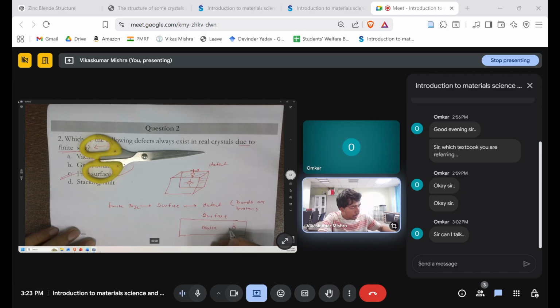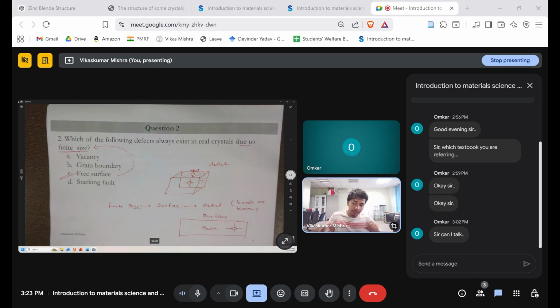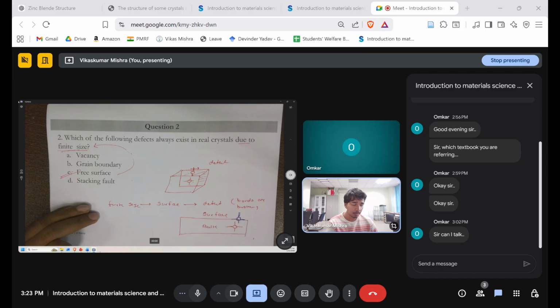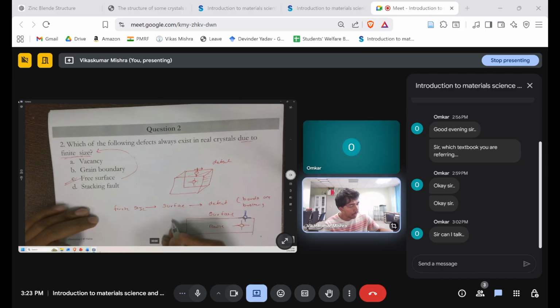In the bulk, let's say each atom makes 4 bonds: top, bottom, left, and right. Now the atom at the surface is making one bond here and here. This bond is broken, not attached to any atom. This is a broken bond, and a broken bond is a defect.